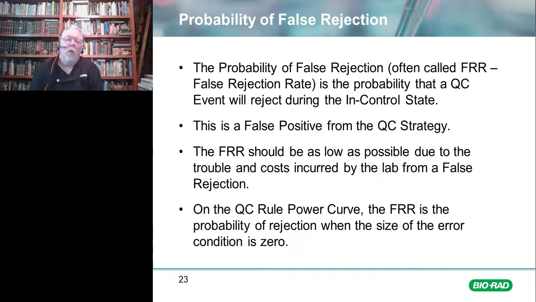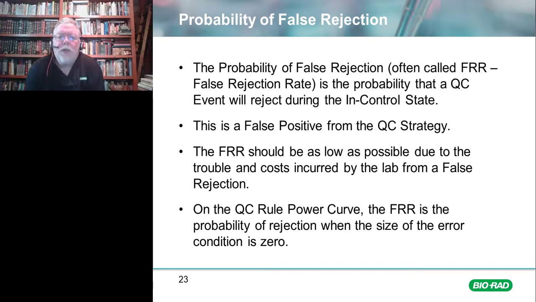Okay, well, the reason that we don't want to always just use a 1-2S QC rule is because of false rejections. So the false rejection rate is what's our probability of a QC event that's going to reject when we are in control. We would call this a false positive.